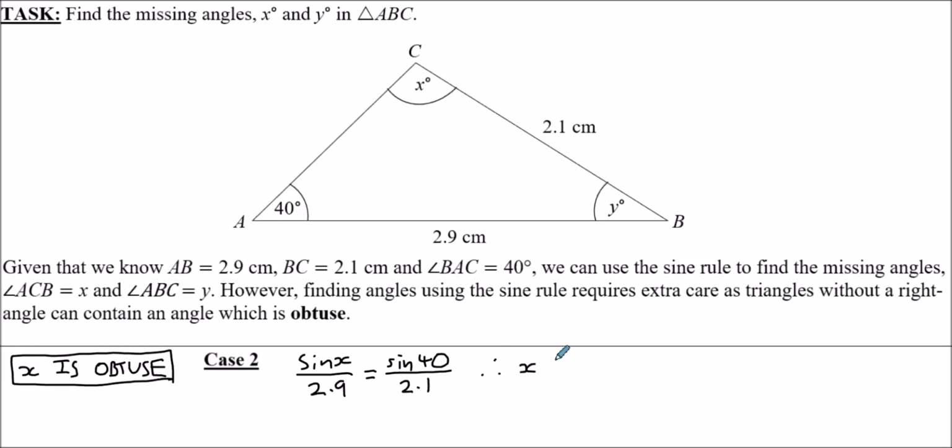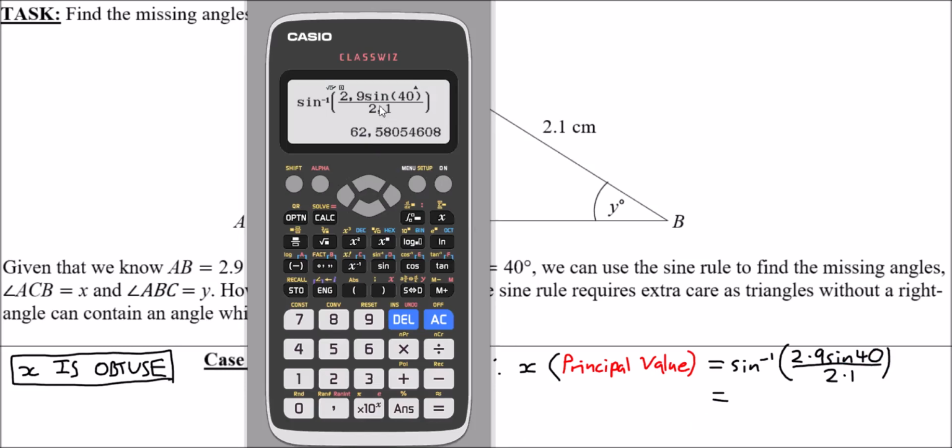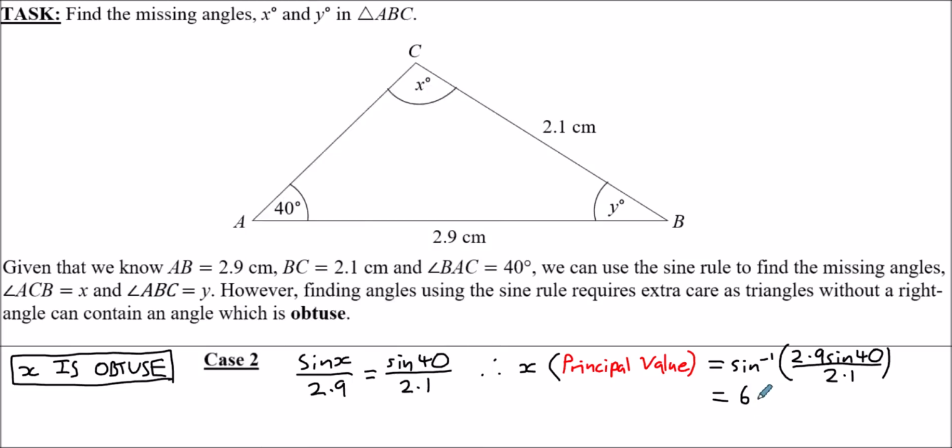Therefore x, just going to put in brackets, the principal value, just what the calculator happens to give us, which we're going to interpret in a moment, is sine minus 1 of 2.9 multiplied by sine 40 divided by 2.1, and that's going to give us, like we had before, to 3 sig figs, 62.6. So that's the principal value.